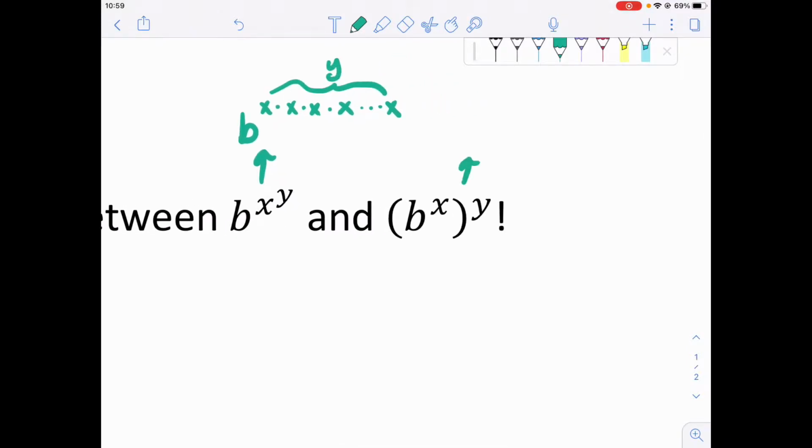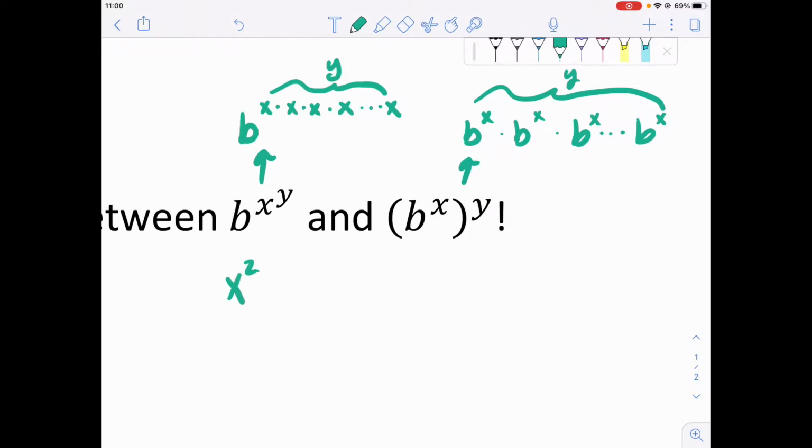The other one says that we have b to the x, y times. There's a little bit of a difference in this notation of where that y is telling us how many of what we have. So for example, x to the 2 cubed, that would be x to the 8th because 2 cubed is 8.